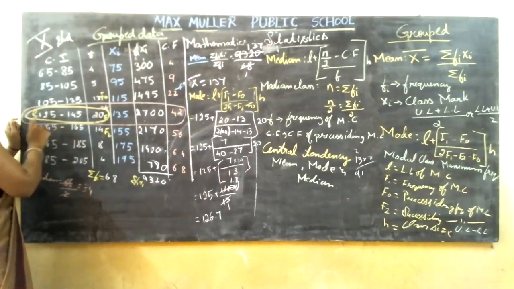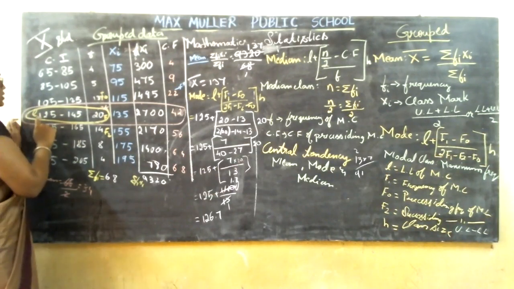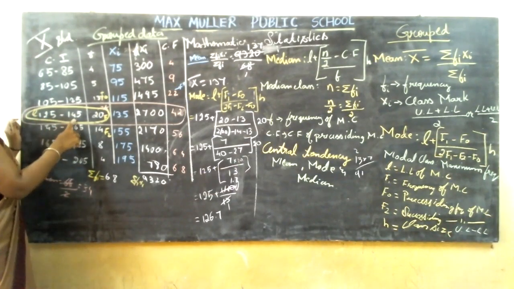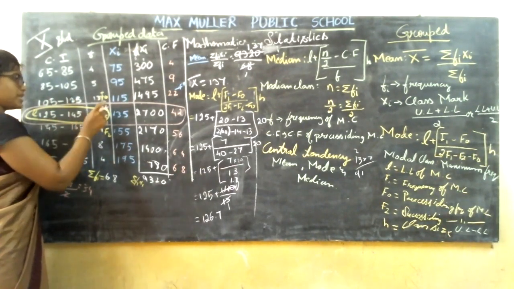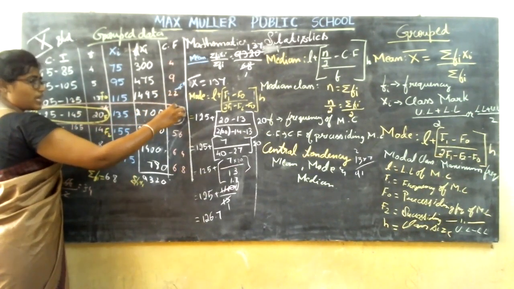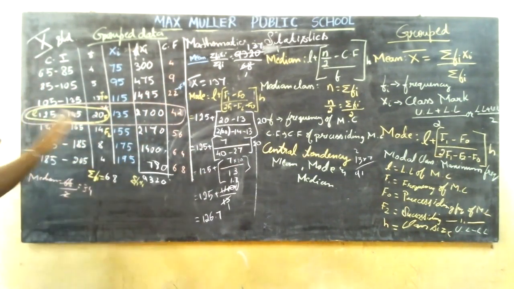Now the mode and median both are coming in the one class itself, that is 215 to 245. So whatever f1 you have taken for the mode, that will be same for f also. Then the CF you wanted, how are you going to find the CF? Whatever the median class you have, the number above that is your CF. Okay, these are the things you wanted on the board.